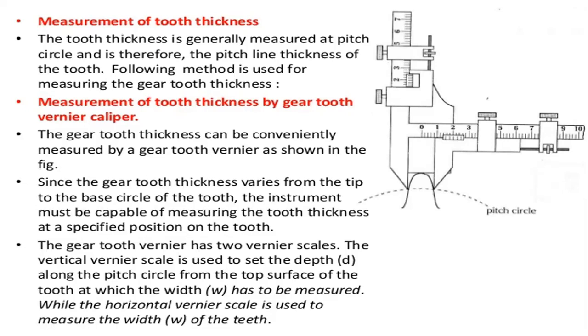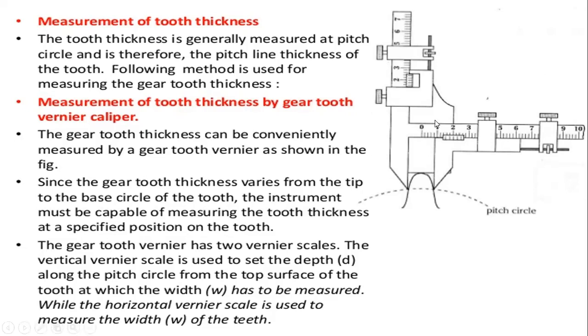So when you are going to measure the tooth at a specified position on the tooth, the gear tooth vernier has two vernier scales. One is for the depth, which is set to measure the depth, and one is for the width, which is used to measure the width of the tooth.